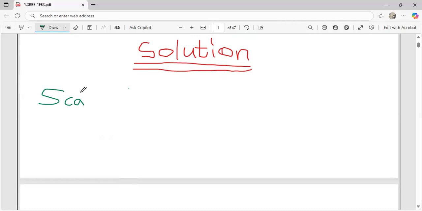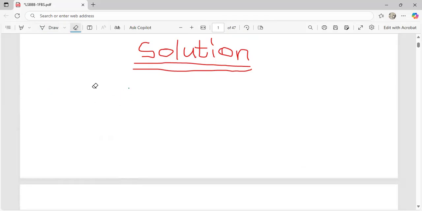So we said the scale is equal to, or better still, let's call it the map scale.